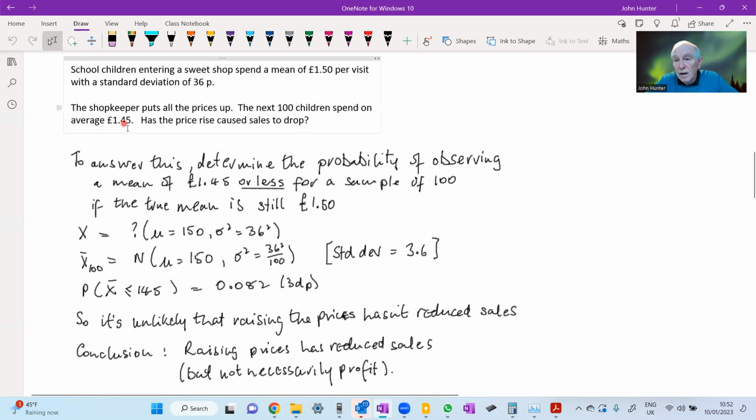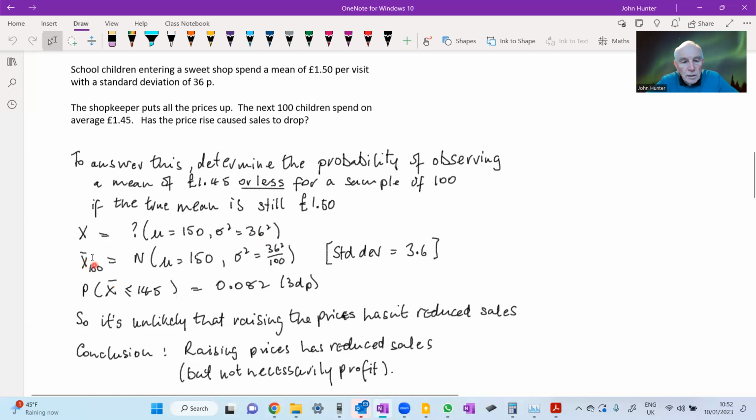Is this just random variation that we've got this £1.45? But of course, it's an average. So the original distribution, we're saying that's X, and we don't know what distribution it is. But it's got a mean of 150 pence and a variance of 36 squared, because the standard deviation is 36.